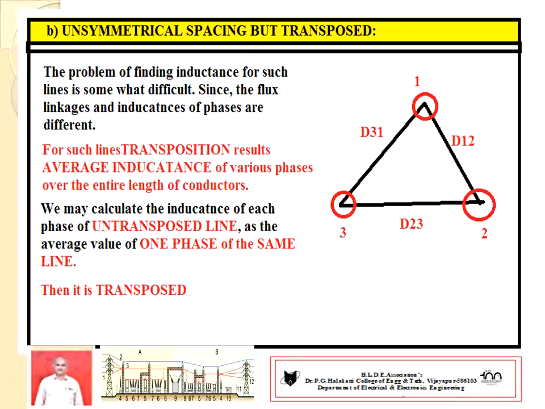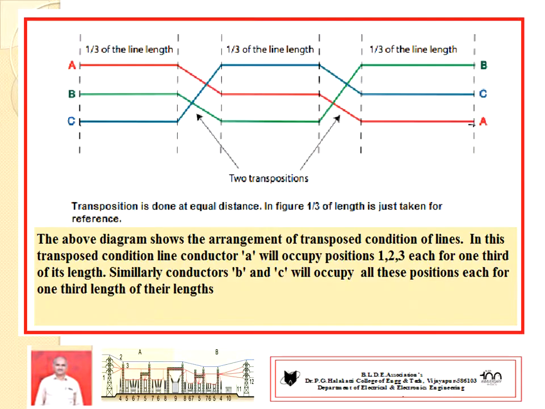Okay. So what do you mean by transposed condition? We have to see in the next slide. You see there, this is the arrangement of transposed line conditions. A is one conductor, B is another conductor, C is another conductor.